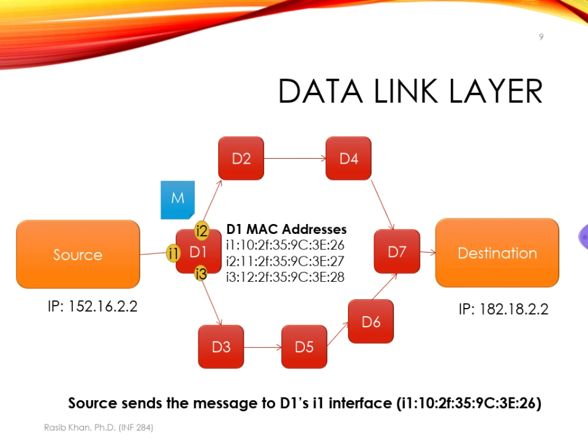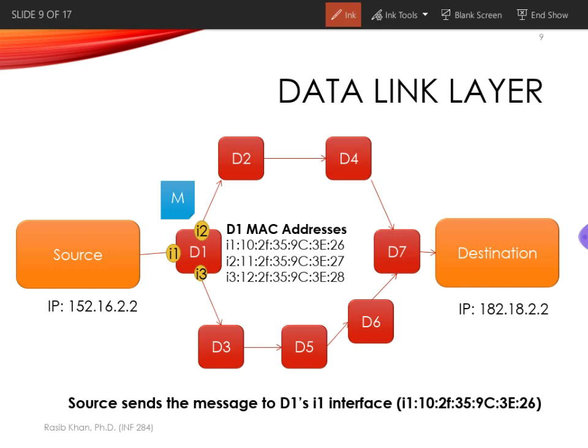So let's look at how the data link layer handles the transmission of a message from a source to a destination. Let's say a source would like to send a message to the destination, and the first thing that happens here is that the source sends it to D1's I1 interface.